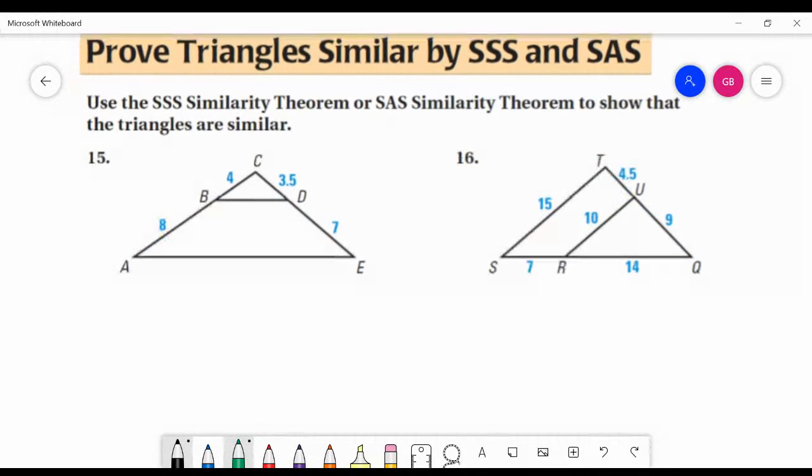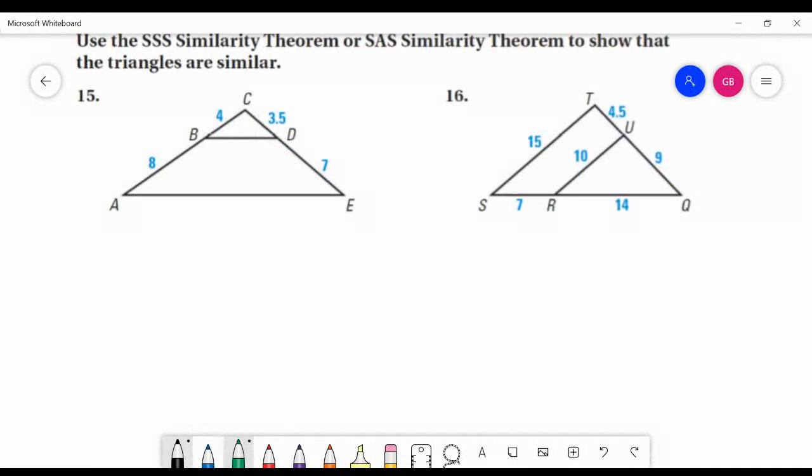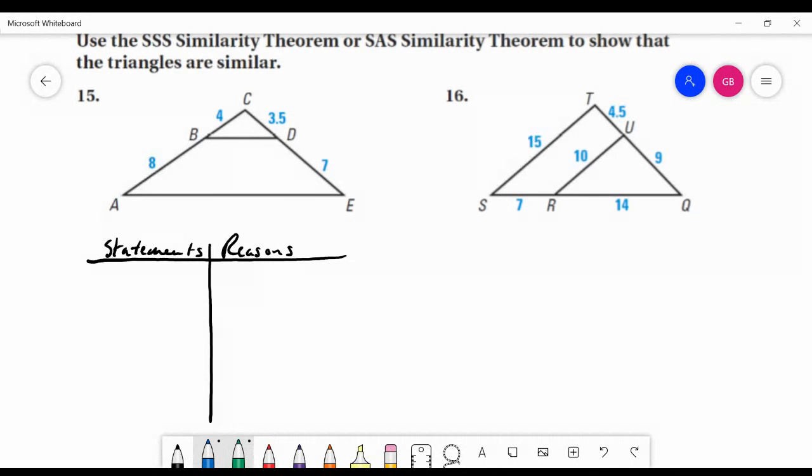The first one I'm going to use side-angle-side, and because I see that they share angle C. They share angle C, so angle C is congruent to angle C. That's the reflexive property.